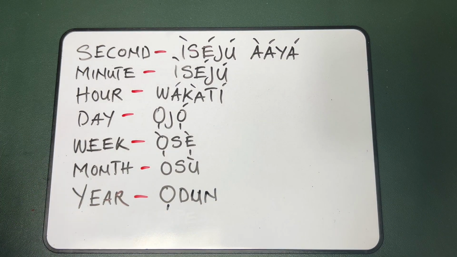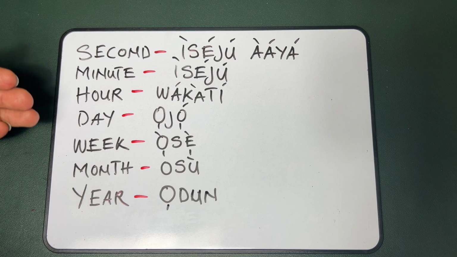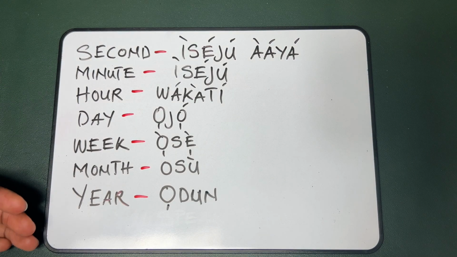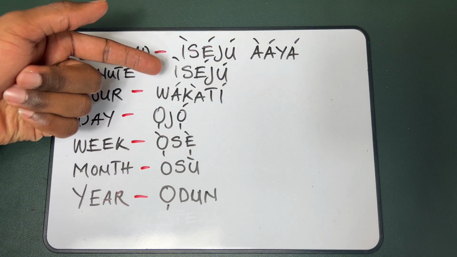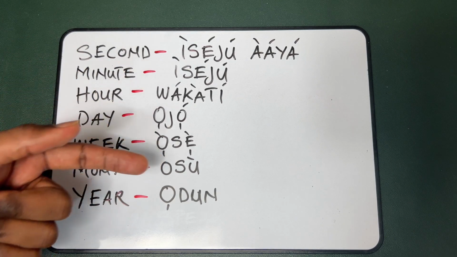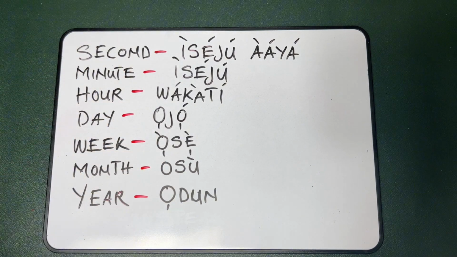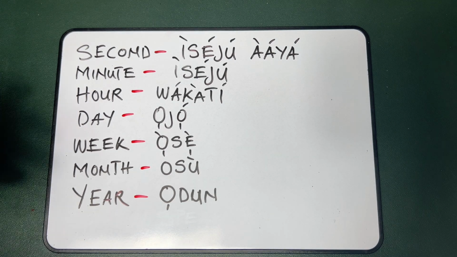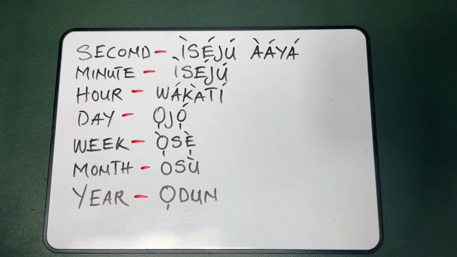So in Yoruba, second, minute, hour, day, week, month, year is ìṣẹ́jú àáyá, ìṣẹ́jú, wákàtí, ọjọ́, ọ̀sẹ̀, oṣù, ọdún. If you want to understand time very well, this is how to say time.